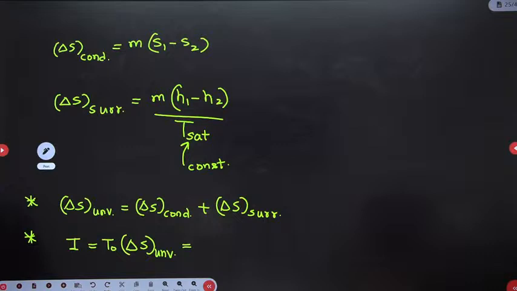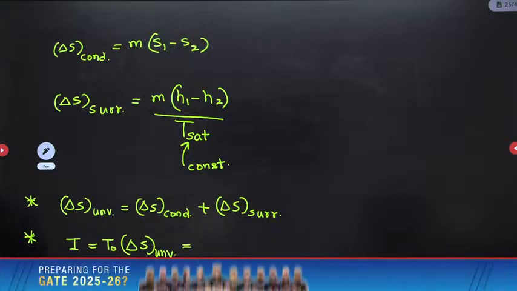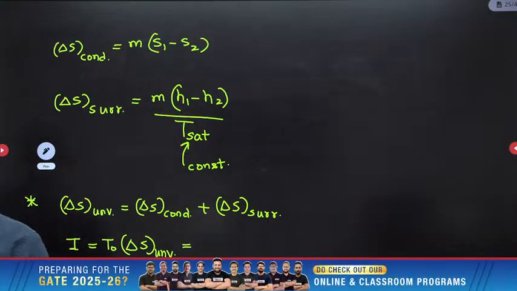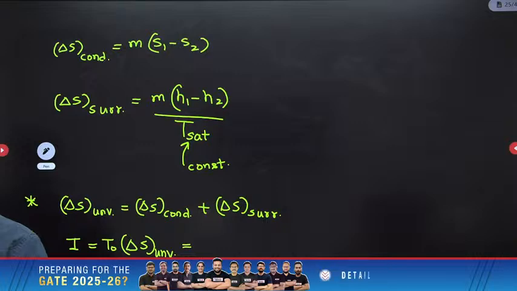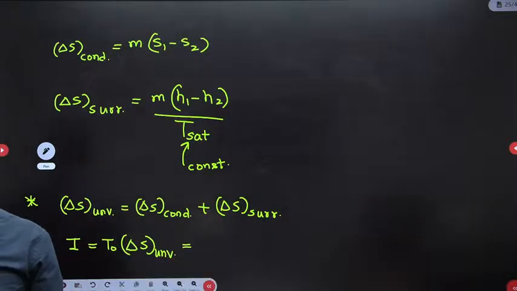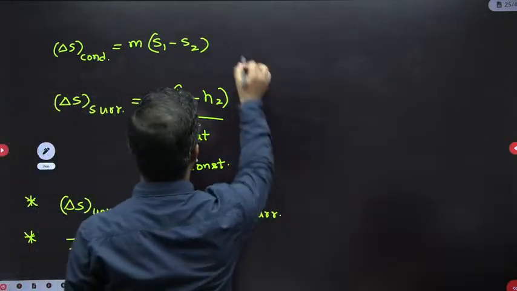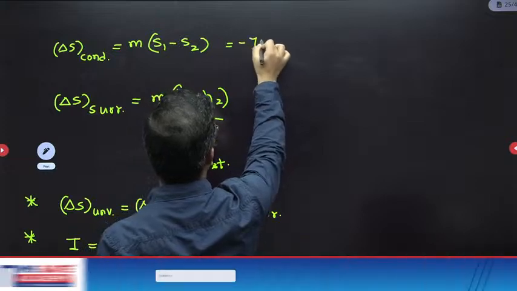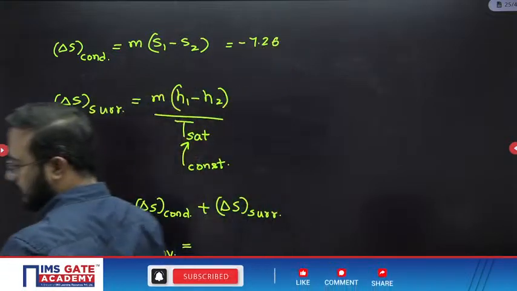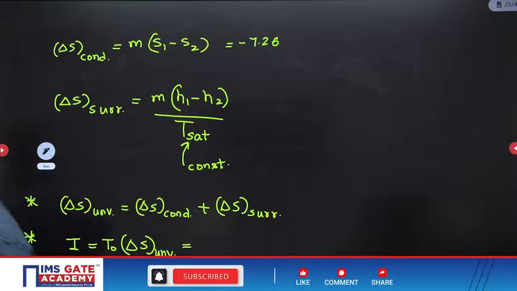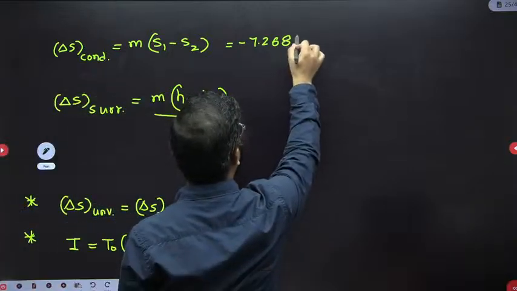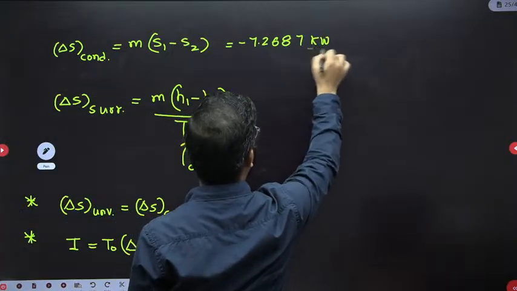What will be the answer now? It will come around like minus 7.26, approximately minus 7.2687 kilowatt per Kelvin.